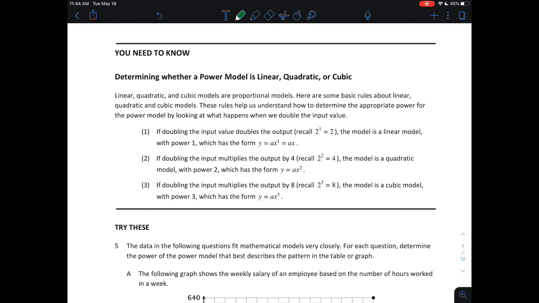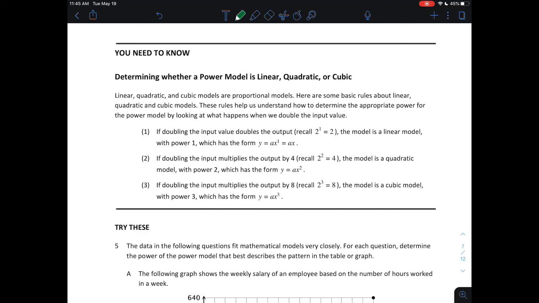Part 2, if doubling the input multiplies the output by 4, because 2 to the second power is 4, the model is a quadratic model with power 2, which has the form y equal to a times x squared. And then part 3, if doubling the input multiplies the output by 8, because 2 to the third power is 8, the model is a cubic model with power 3, which has the form y equal a times x cubed.